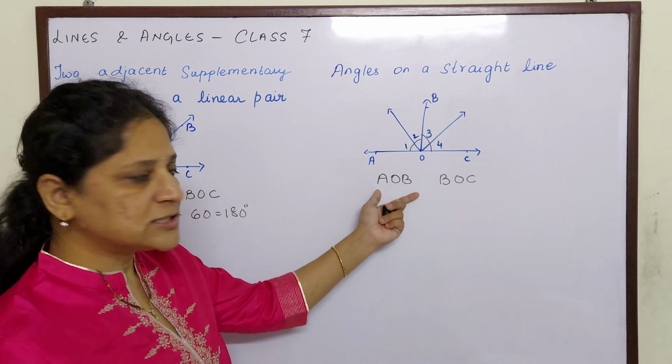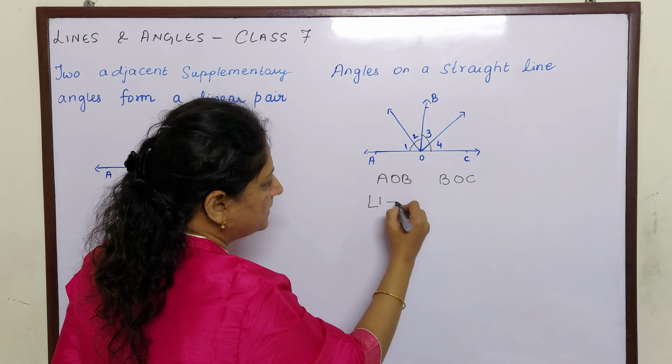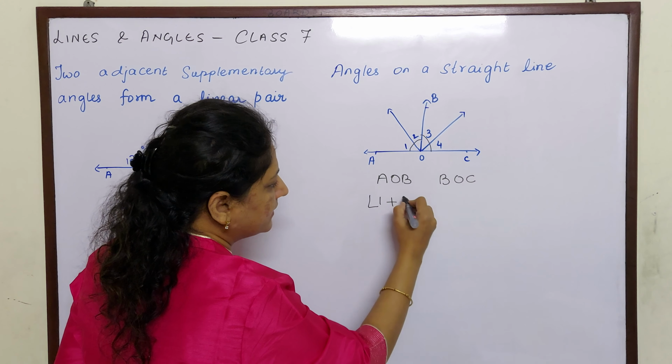Now AOB is not a single angle, it is divided into two, that is angle 1 plus angle 2, right? And BOC is divided into 3 and 4, so angle 3 plus angle 4.